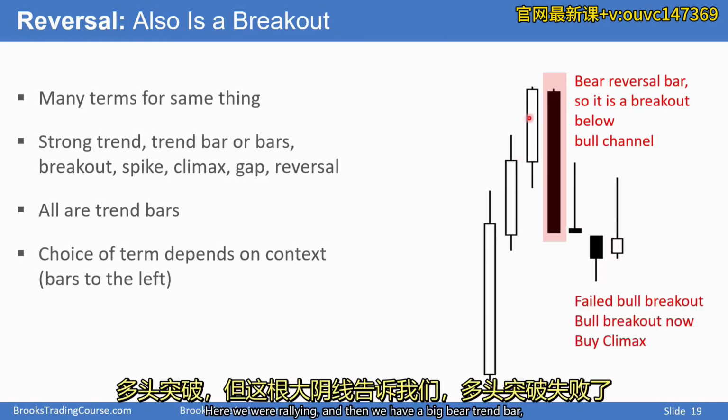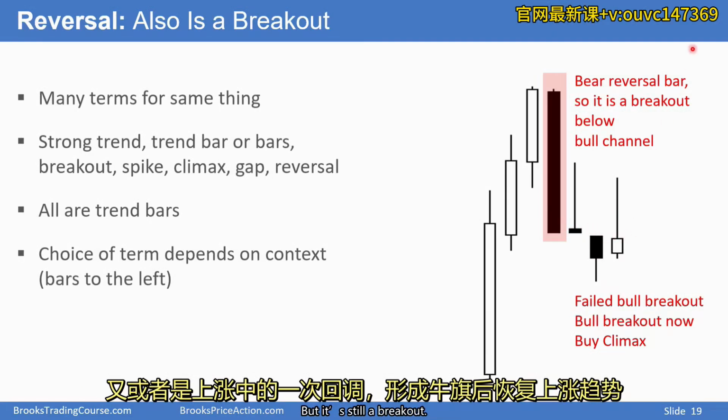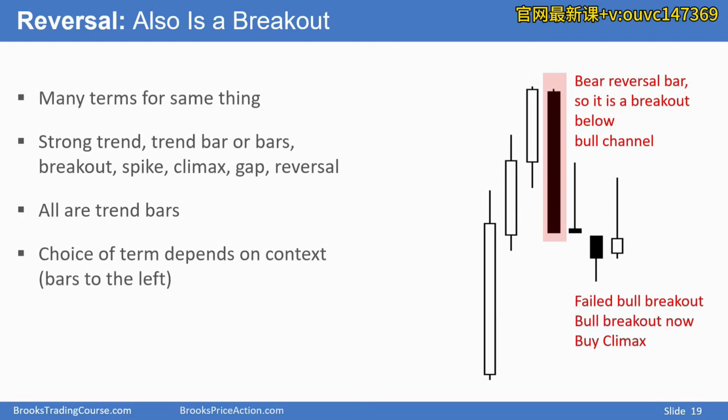We have a bull breakout, and this represents a failed bull breakout. Whether that will lead to a trend or a trading range, or a pause in the trend and a bull flag and trend resumption up, too early to tell. But it's a bear reversal, it's a failed bull breakout.